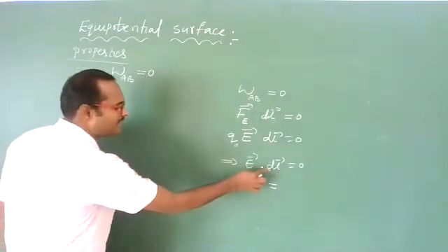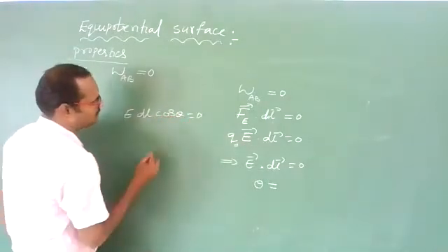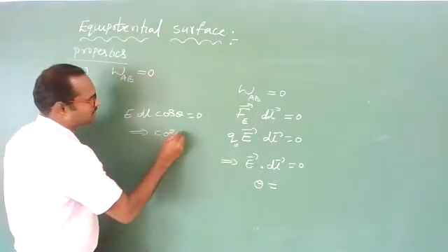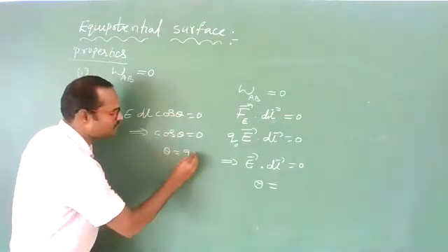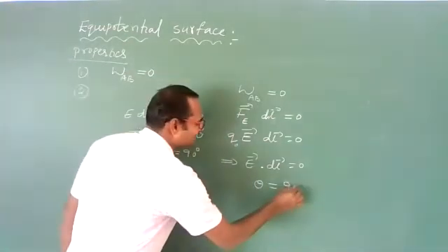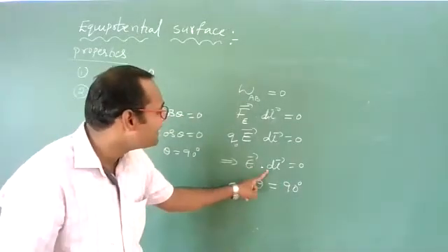You can write E bar dot dl bar as E dl cos theta, which should be equal to 0. When will it happen? Cos theta should be equal to 0, so theta should be equal to 90 degrees. This is the 90 degrees between E bar and dl bar.